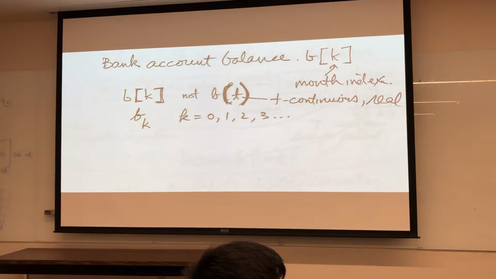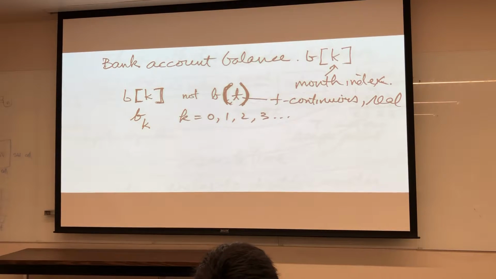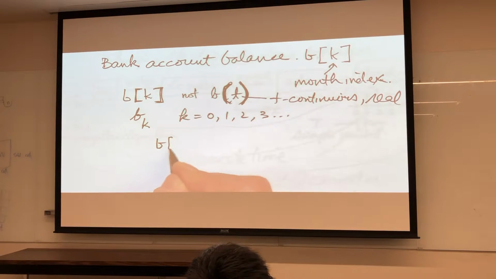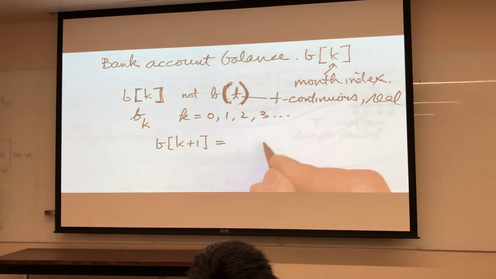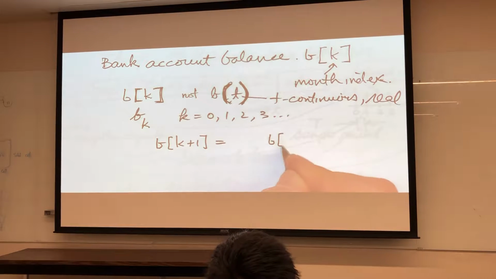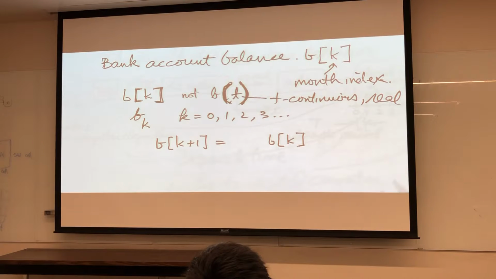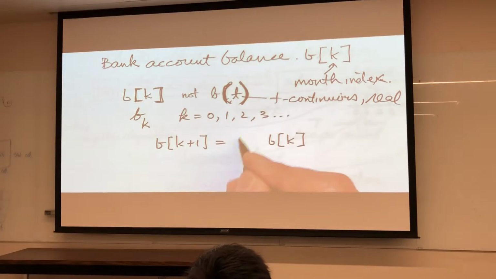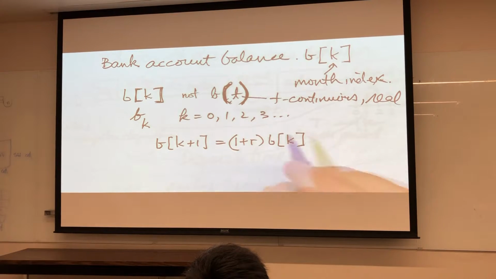My bank account balance, I might describe this way. I might say that my balance next month is the same as my balance this month, multiplied by 1 plus R. And R here is the interest rate.